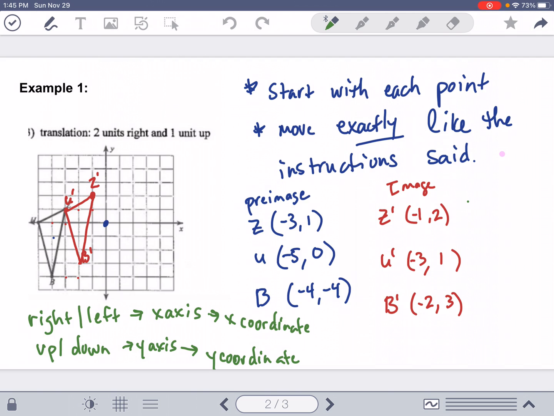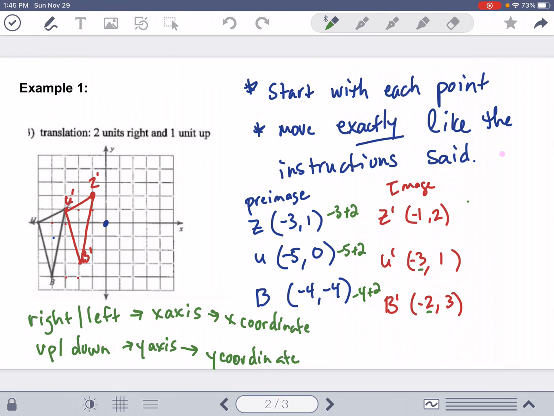So, if I went 2 units to the right, basically what I'm doing is saying -3 plus 2, and that gives me a -1. -5 plus 2, and I get the -3. -4 plus 2, and I get that -2.